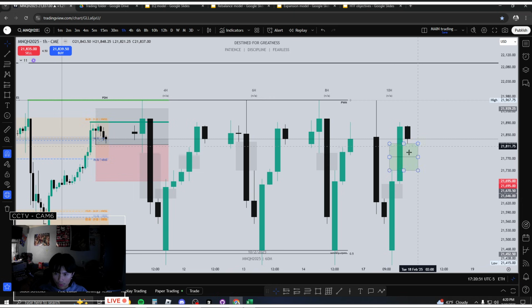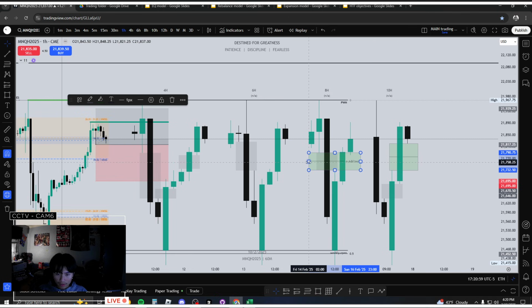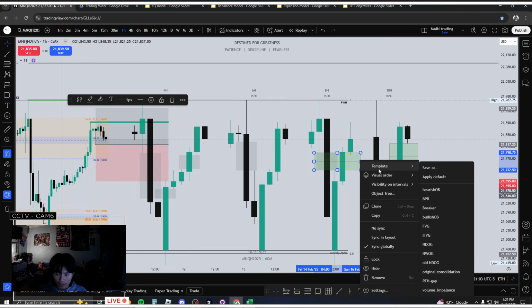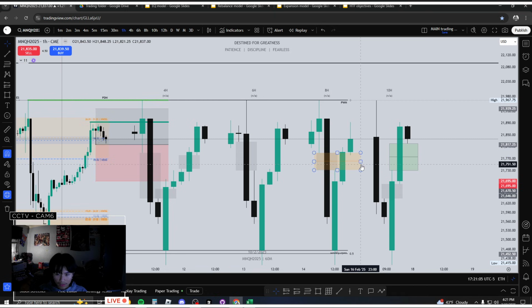Not only did we create this 10-hour fair value gap, but we also disrespected this 8-hour SIBI. So this should now turn into an inversion fair value gap right here. So this should be treated as inversion. And yeah, that's essentially higher time frame objectives. Just a little bit rushed.